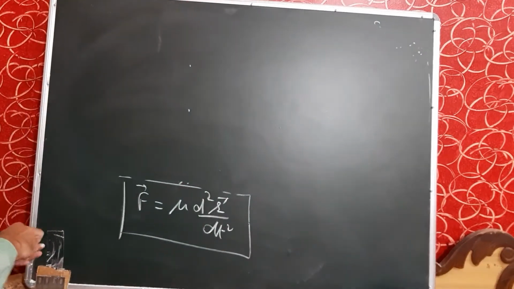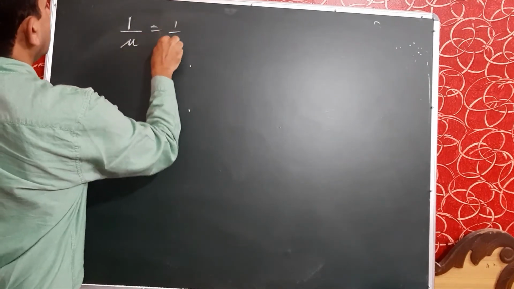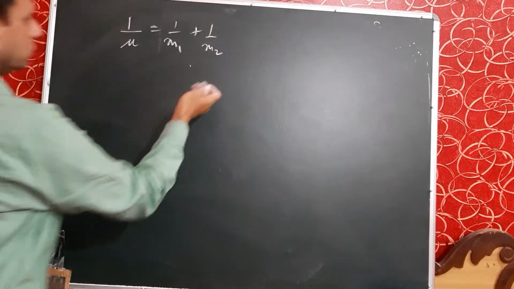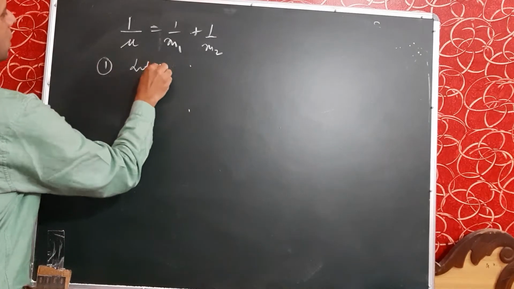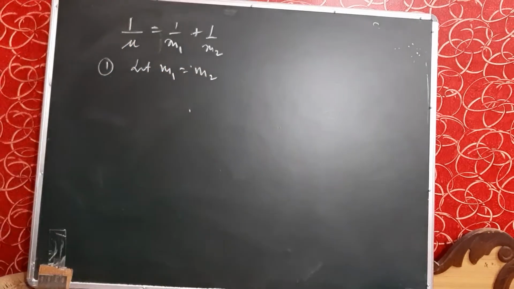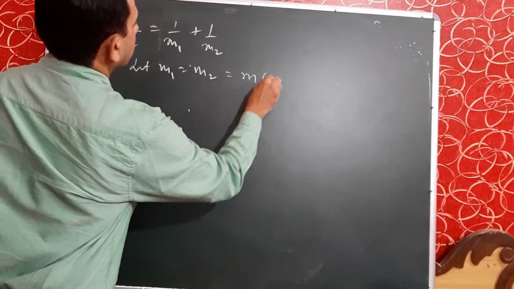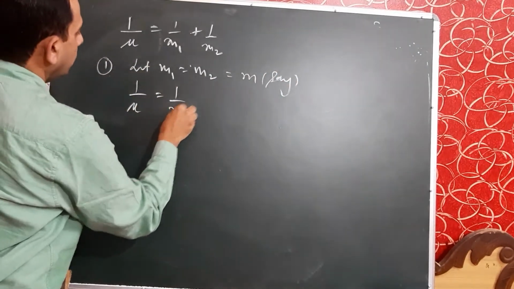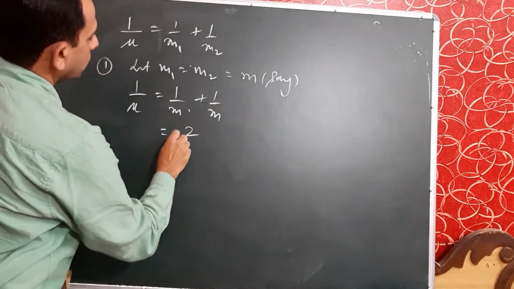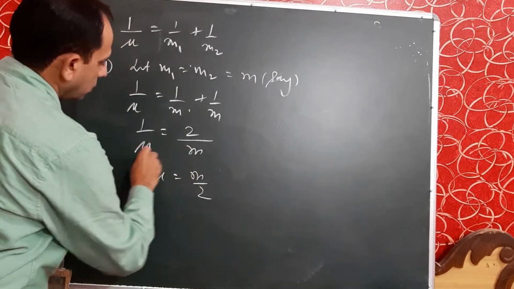Now we will discuss the special cases of reduced mass. We know that 1/μ = 1/m1 + 1/m2, where we have put the values. First case: let m1 = m2. If the particles have the same masses, both are m, so 1/μ = 1/m + 1/m = 2/m, or μ = m/2.